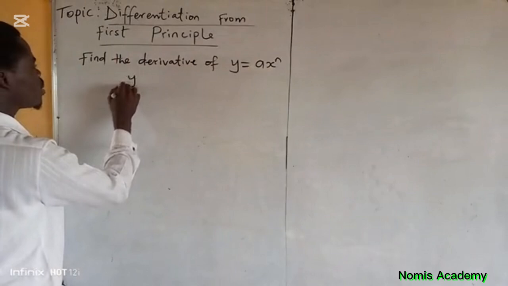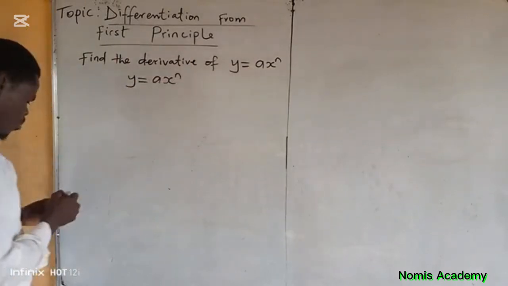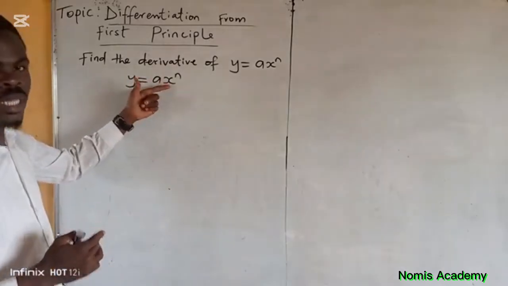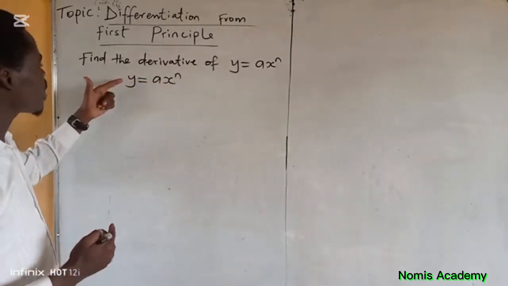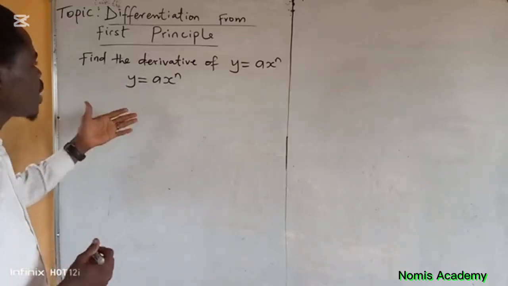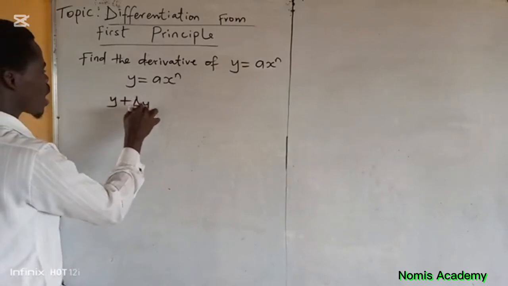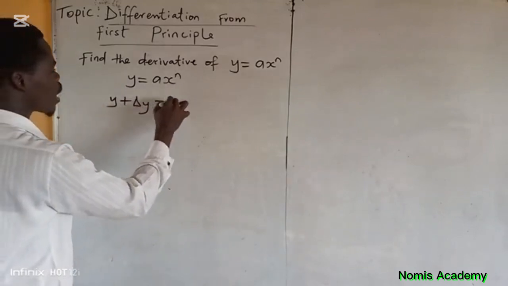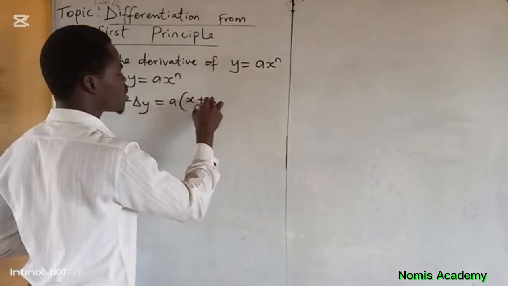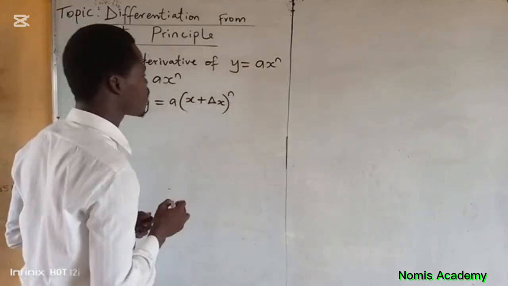We're going to write the function again, and then any increment in x will definitely lead to an increment in y, mathematically written as y plus delta y equal to a into (x plus delta x) raised to the power of n.